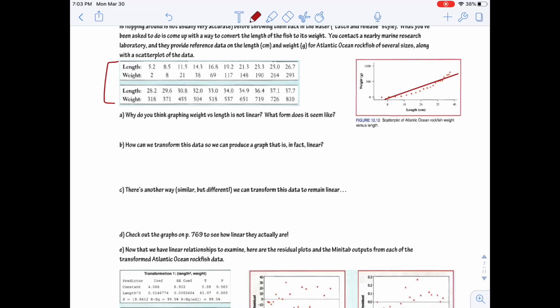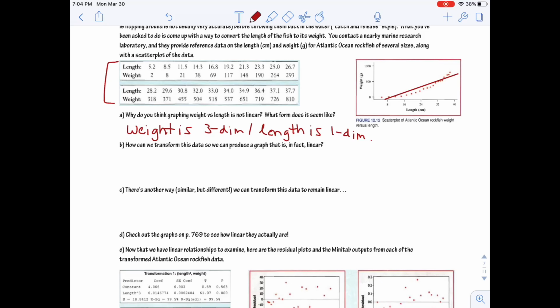That is because, if you think about this, weight is three-dimensional, and your height, or in this case, your length, is 1. So that's why we end up with something of that nature there.